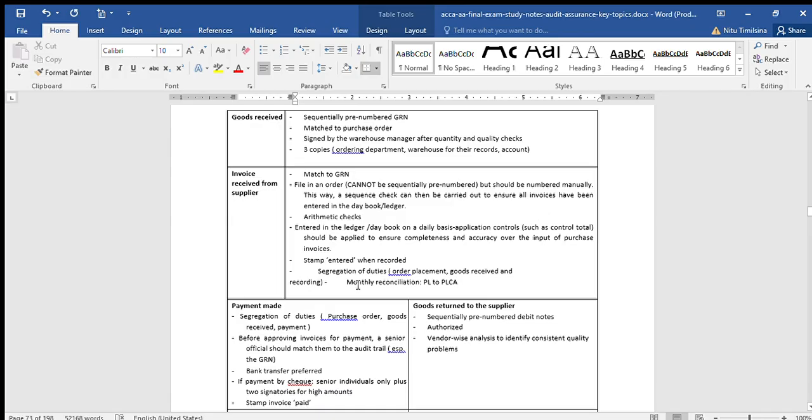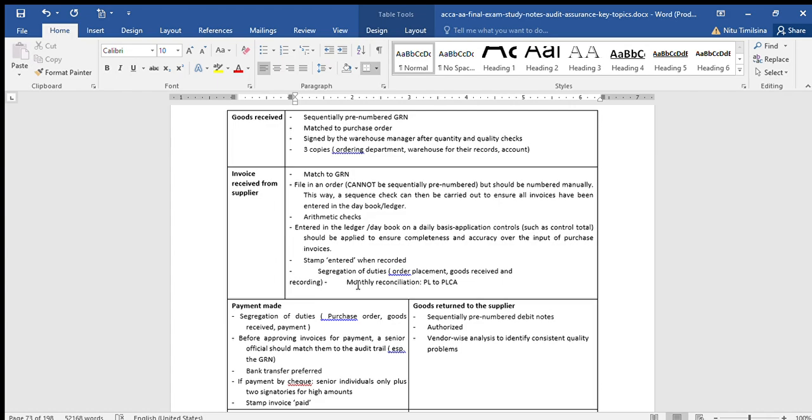Automatic checks. Entered in ledger or daybook on a daily basis, with application controls such as control total applied to ensure all invoices have been entered in a daybook or ledger, and completeness and accuracy over the input of purchase invoice.